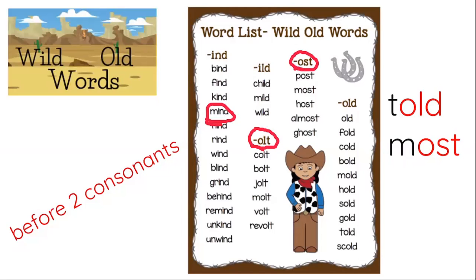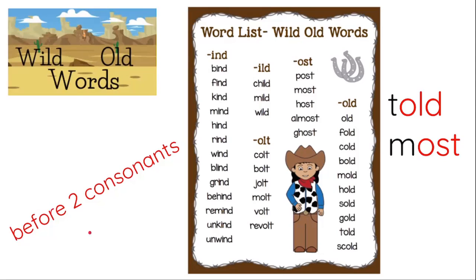And then we have it in front of OLD, if it's in front of the LD. So O in front of two consonants can be spelled with just an O. And we have a couple of those words this week. We'll go back and look at the other ones.